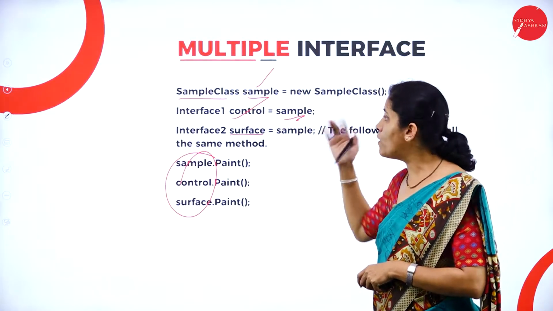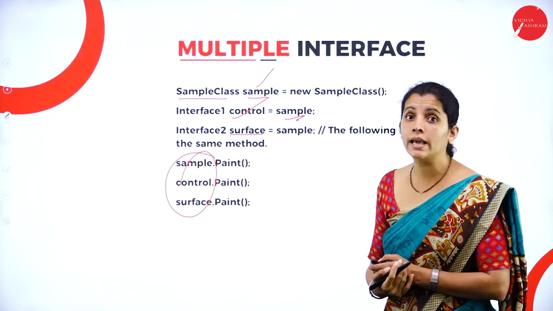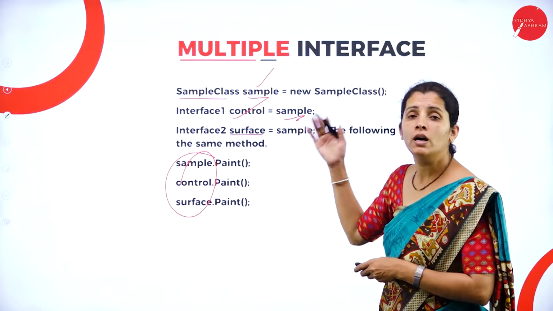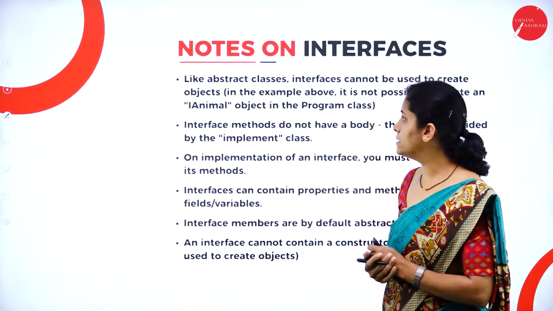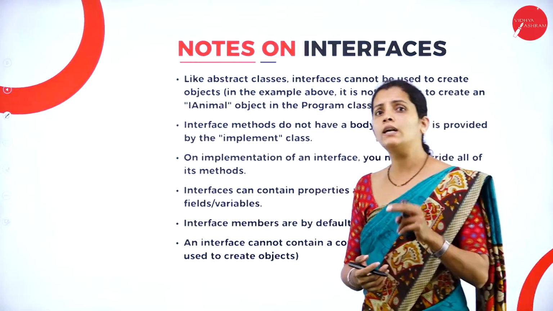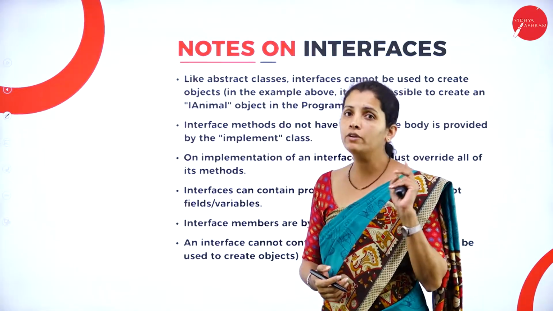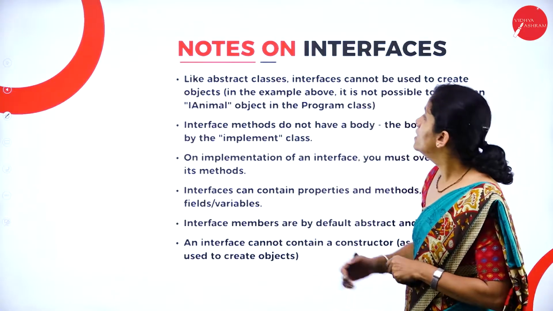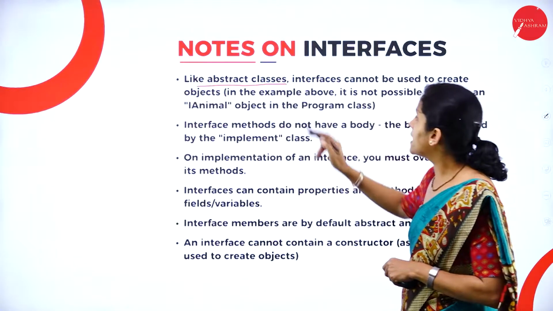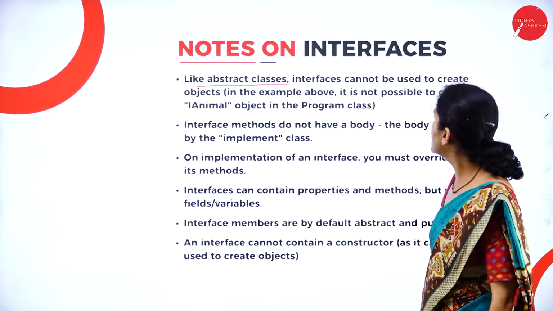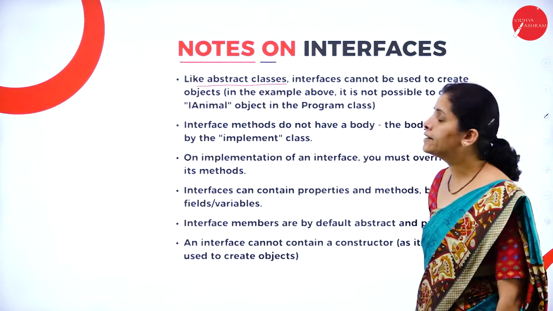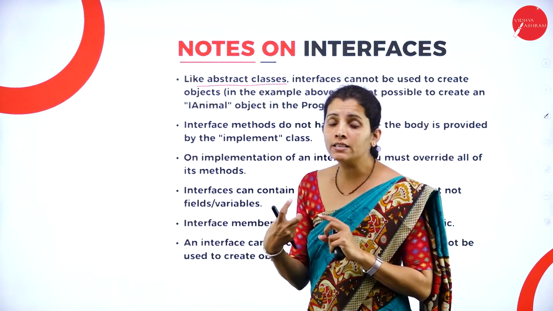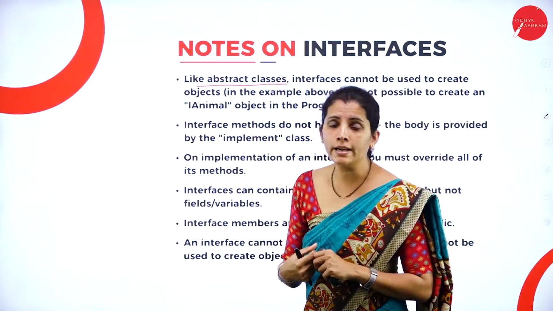Now with the help of objects as well as with the help of the interface object, I can run the method. Now dear student, what are the points you have to remember here? That is nothing but the note. Like abstract classes, an interface cannot be used to create an object. That means for the interface, I cannot create an object.